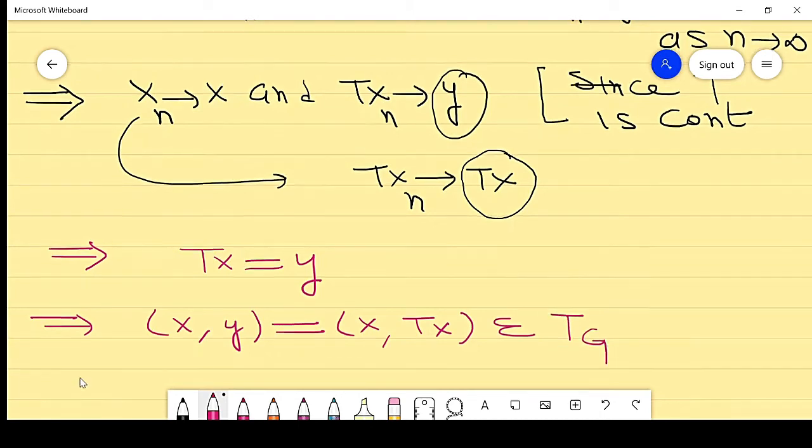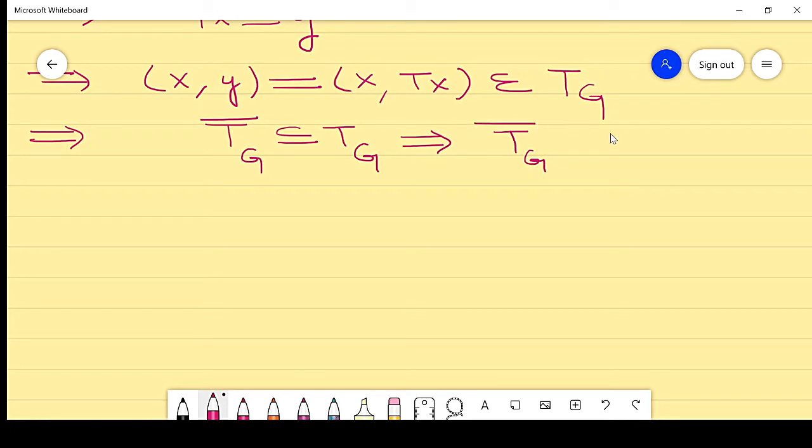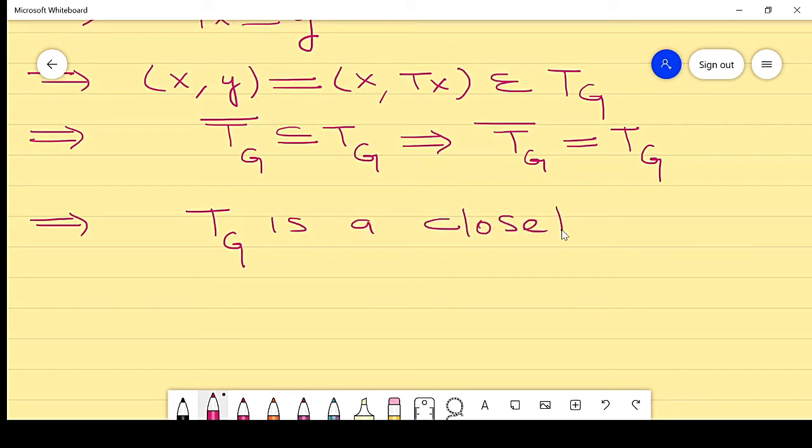So (x, y) I take from TG closure and it belongs to TG. So TG closure is part of TG, and it implies TG closure is equal to TG, and it implies TG is closed.